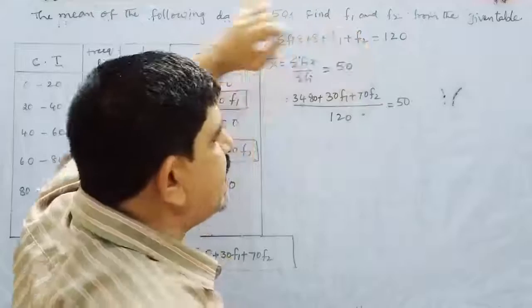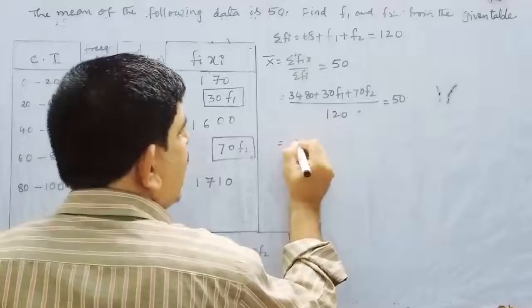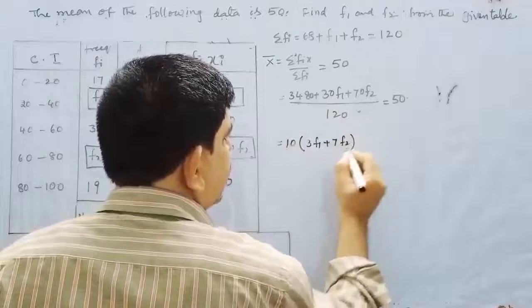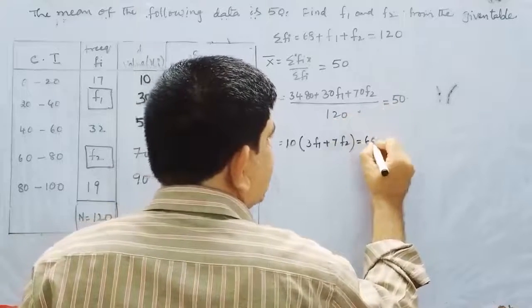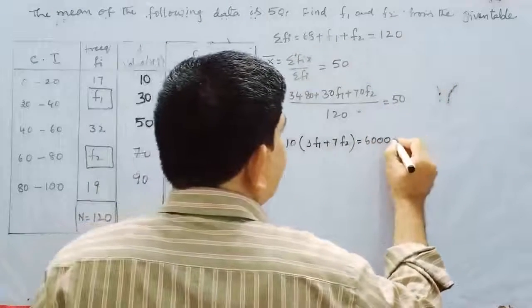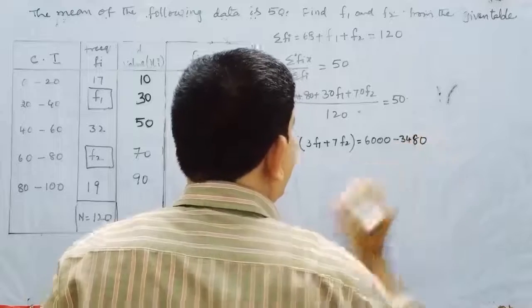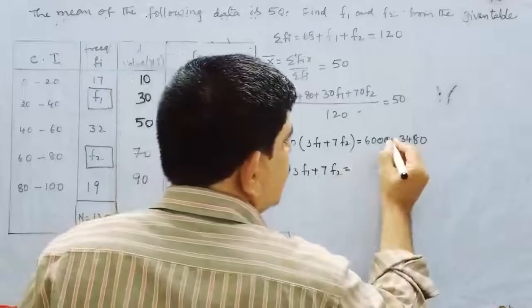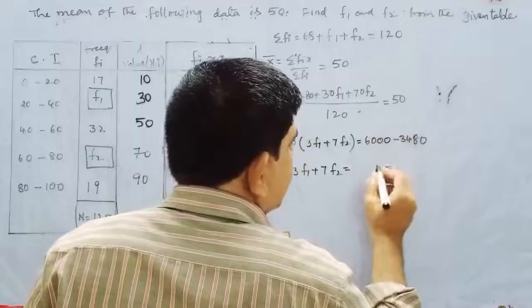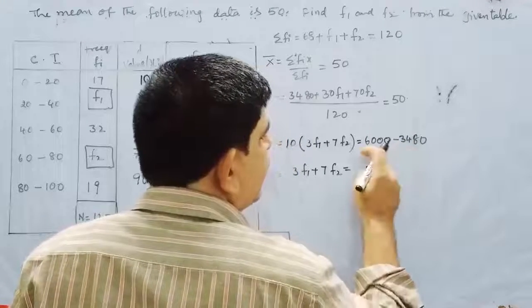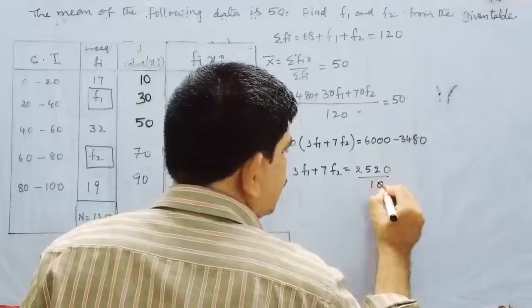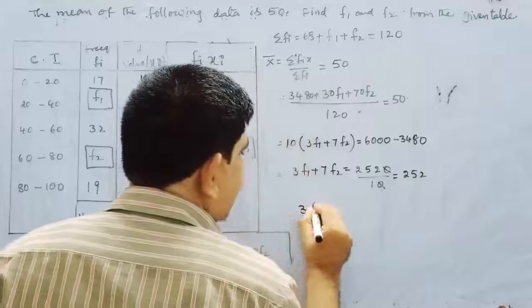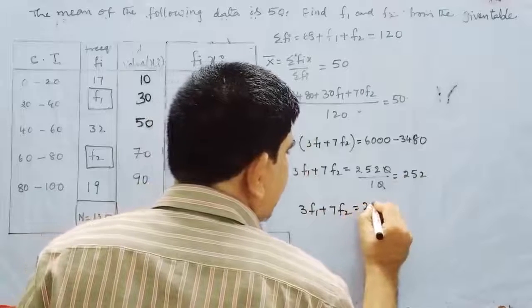From these two terms you take out 10 as the common factor. 10 into 3f1 plus 7f2 is equal to 6000 minus 3480, which is 2520, divided by 10. So 3f1 plus 7f2 is equal to 252.